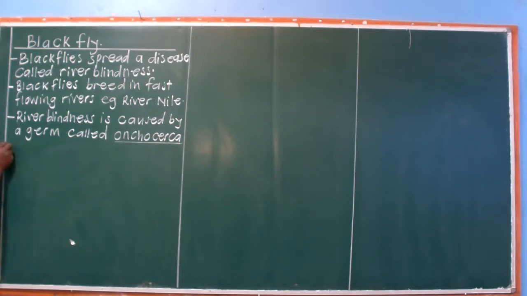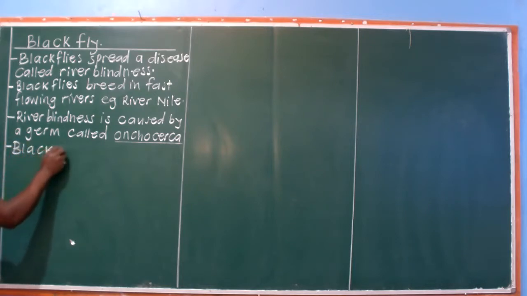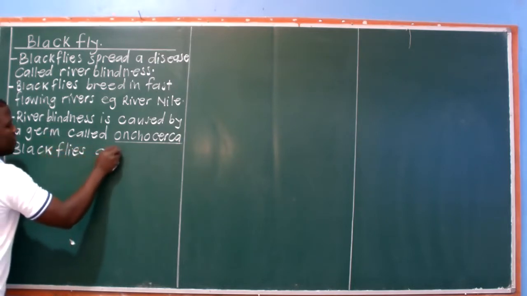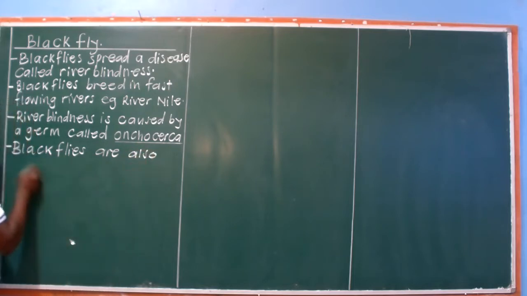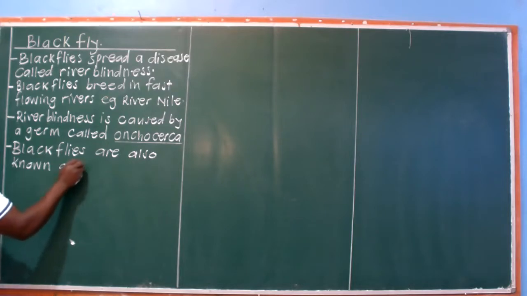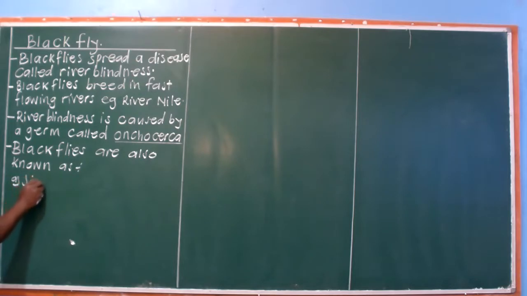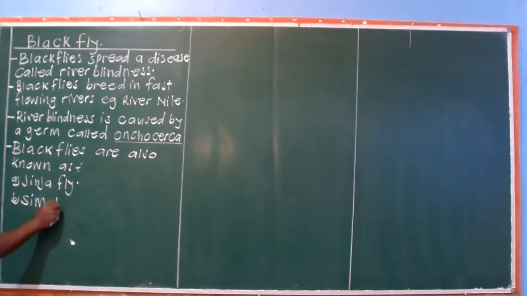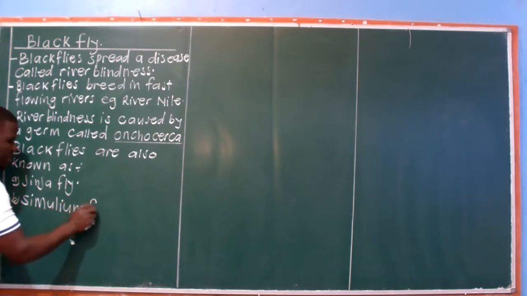And these black flies are also known as, number 1, ginger fly. Number 2, they are also known as simulium fly.